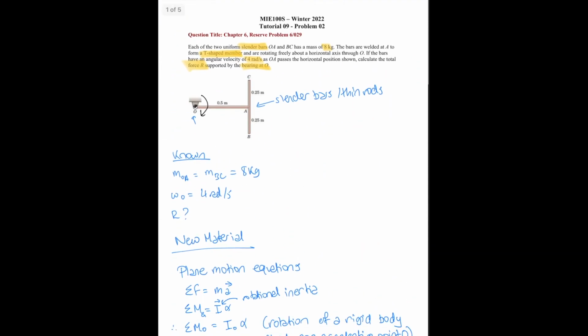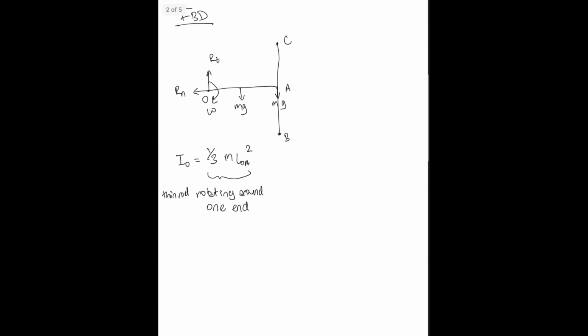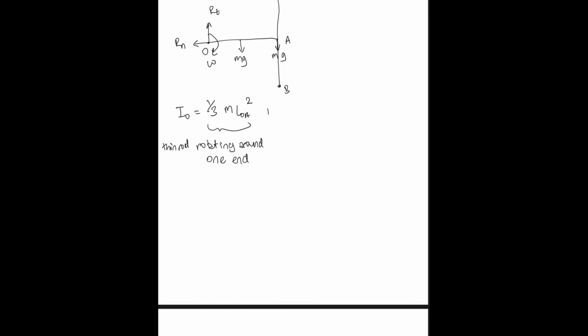However, for the bar CB, it's rotating at the center, not at one end of the bar. So it's rotating over here. The equation for that is 1 over 12 m l squared. This part over here is a thin rod rotating around the center.